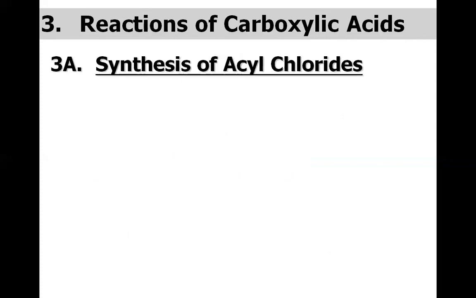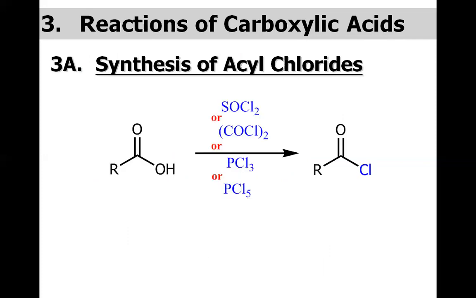So let us begin with the synthesis of acyl chlorides. We know that when we have the chlorine group attached to the carbonyl, it's called acyl chloride. It is also called acid chloride. So overall, it's a replacement of OH with chlorine to have the acyl chloride from the carboxylic acid.